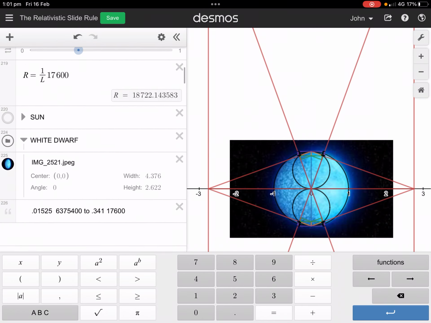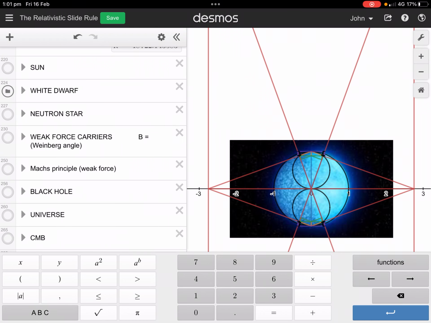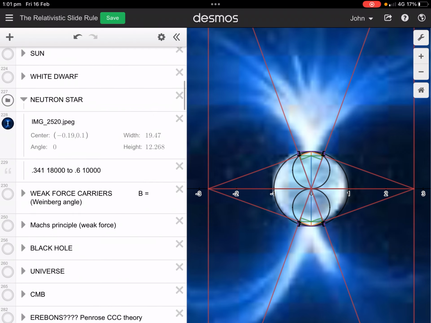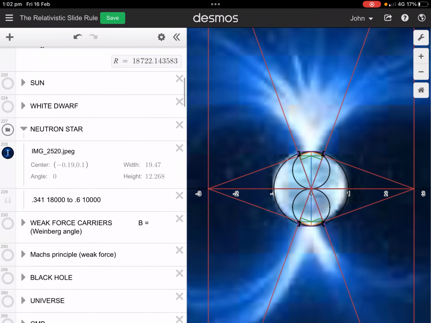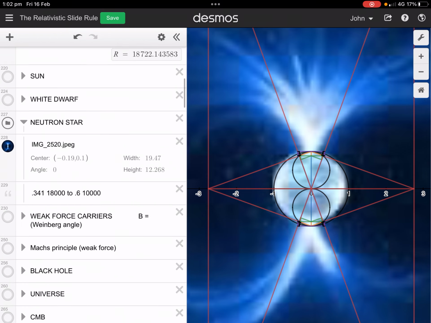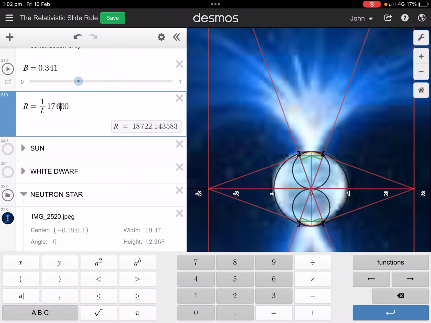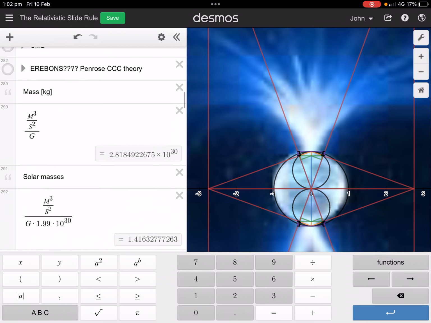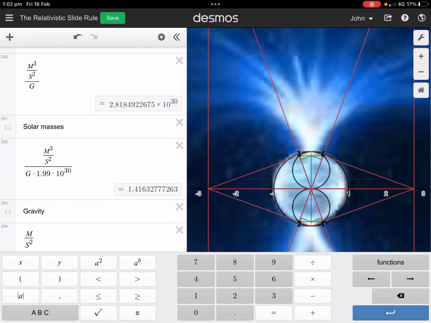Okay, now let's just look at the neutron star. Here it is with its magnetic field. And so we're basically the same B value. And I'm just in a similar radius. This is considered to be the lowest solar mass, 1.4 solar masses.